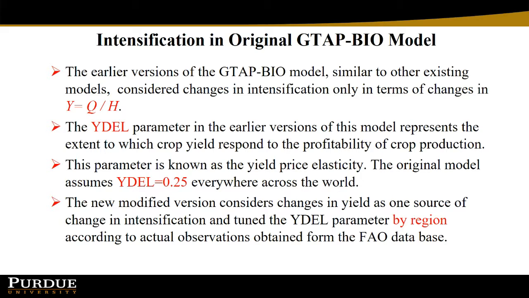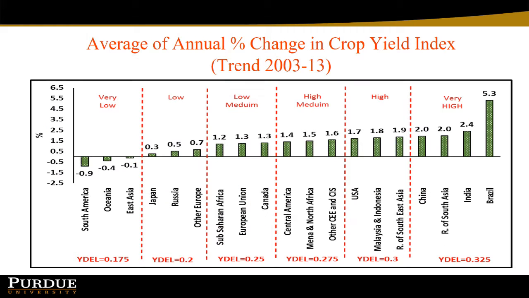So what we did, I have 2 minutes, I'm going to extend it to 3 minutes to be able to show you more. We made a change in this model in a way that now we can take care of intensification in 2 ways.